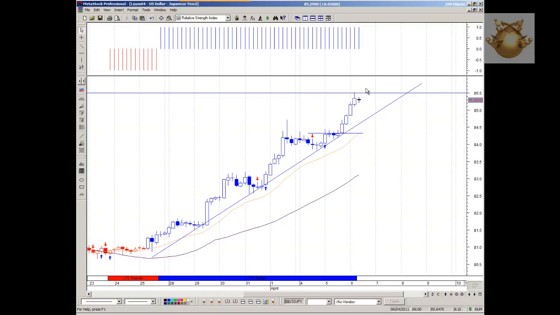In order for that to start again, we need to see it trading higher than 85.50, and then we could see possibly people getting back in again, because we're trading above a prior resistance area, and hence the reason why we might be getting further extensions and swing highs and momentum highs.